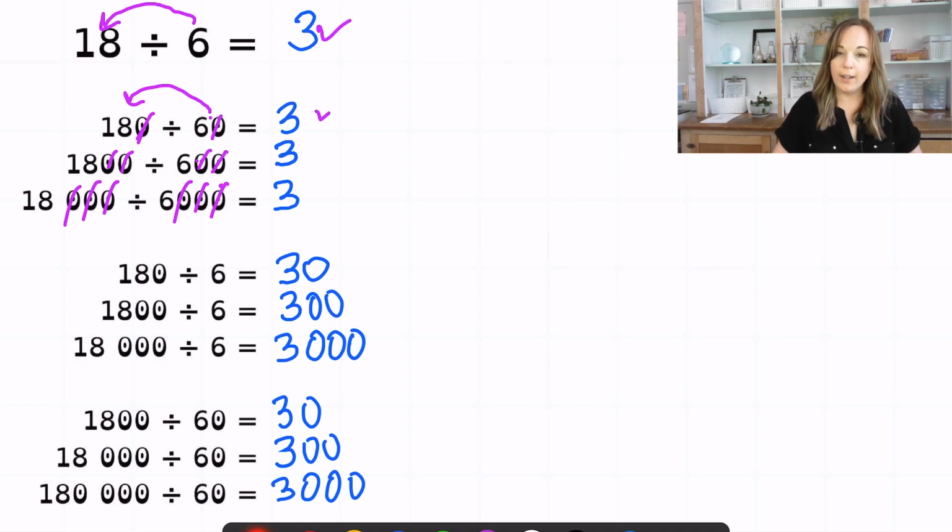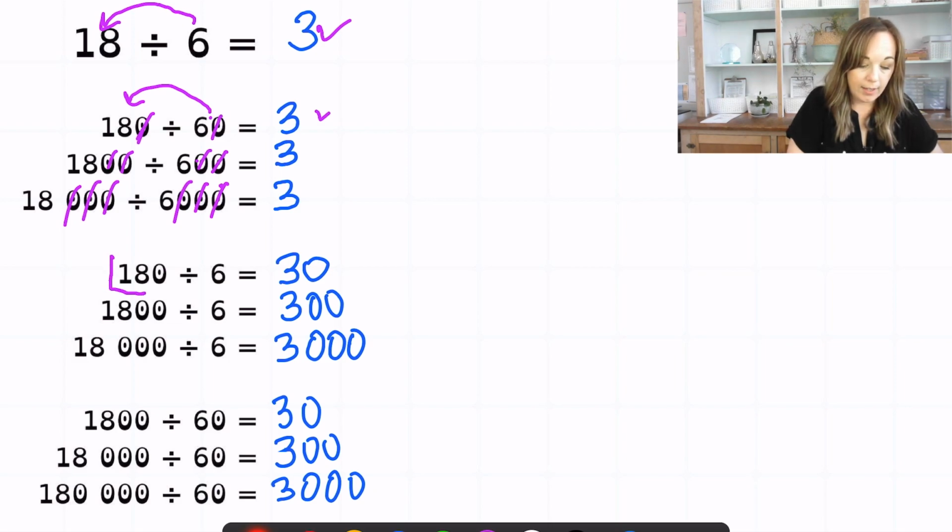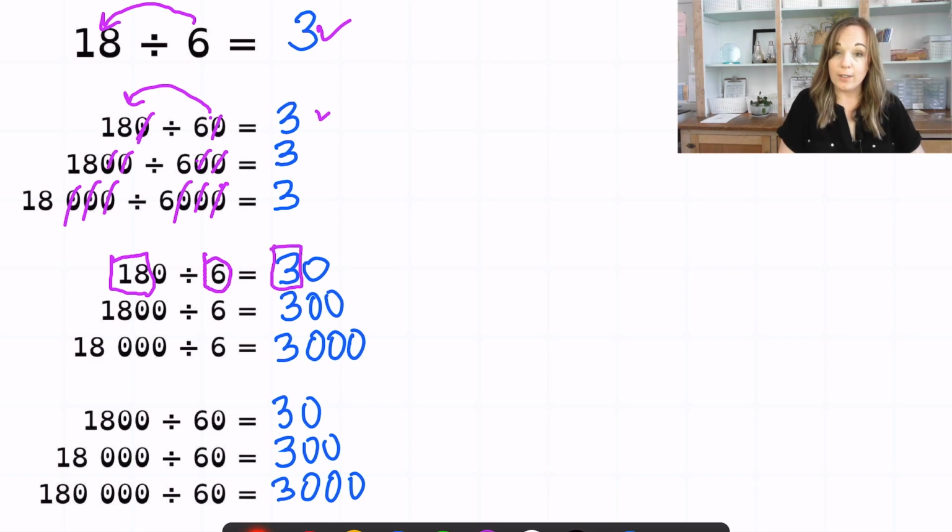Okay, in 180 divided by 6, 6 can go into 180 quite a few times, 30 actually. So we start with the 18 divided by 6, and that's what gives us our 3. Because there is an extra 0, it's not 18 ones, it's 18 tens, that 0 goes on to our answer. There were no zeros that we could eliminate on both sides, so we just had to keep them.